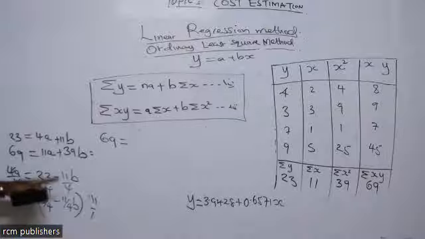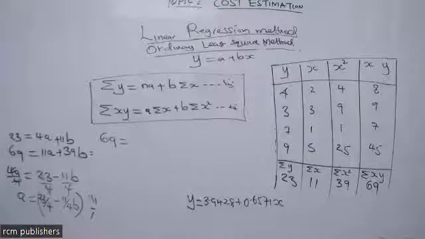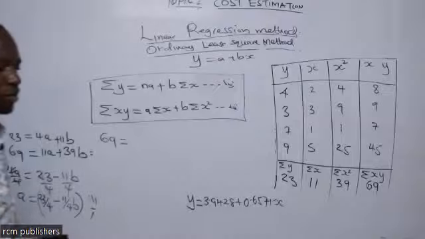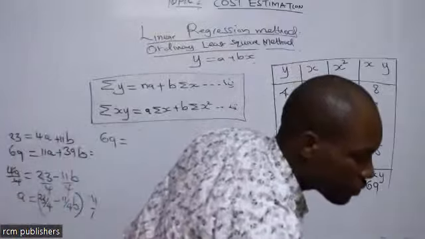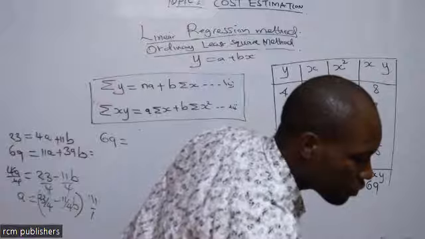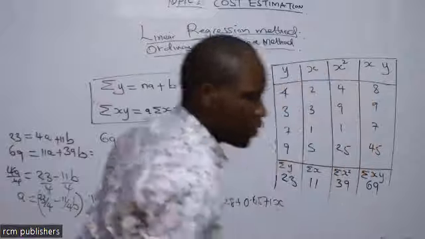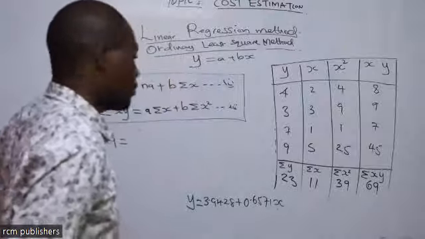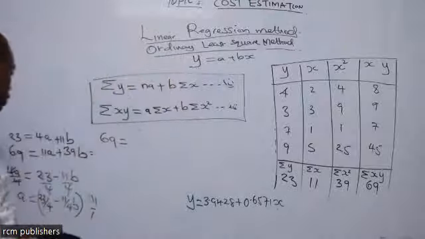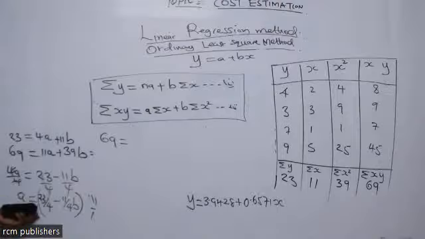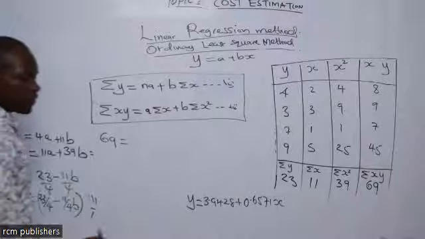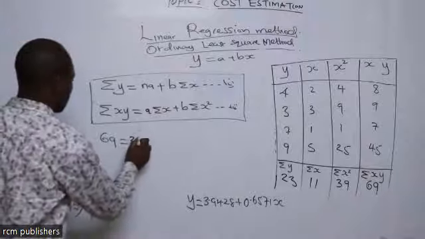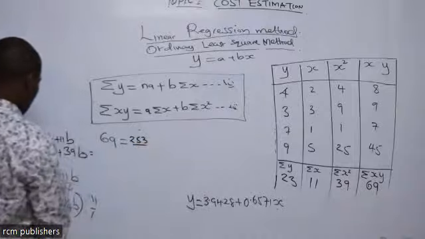So 23 by 11 is how much? 23 by 11. 253. So we have 253 over 4.